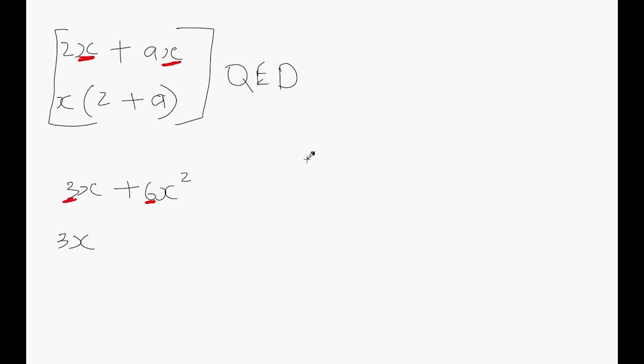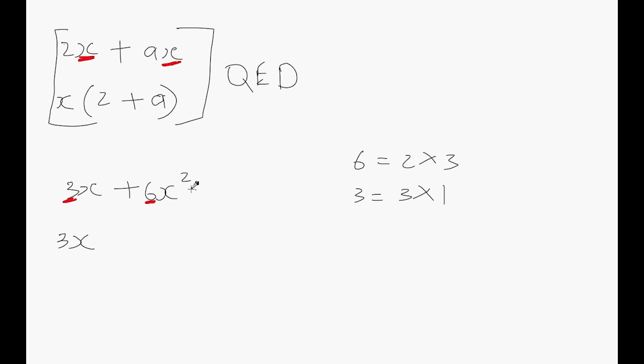And just to make that a bit clearer, if you're still not clear, remember that 6 is equal to 2 times 3, so therefore 3 is a factor of 6, and also 3 is a factor of 3, right?